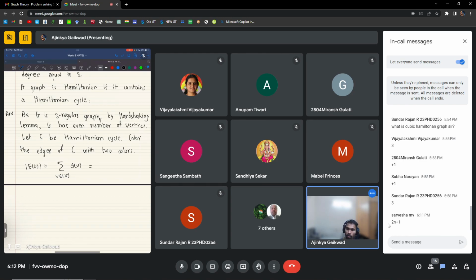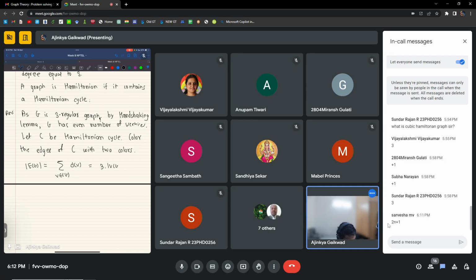The degree of every vertex is 3, so this is equal to 3 into |V(G)|. So E(G) is equal to 3 into |V(G)| divided by 2. So there are this many edges in my graph G. Now, how many edges are there in my Hamiltonian cycle?